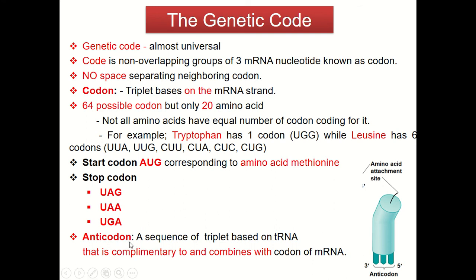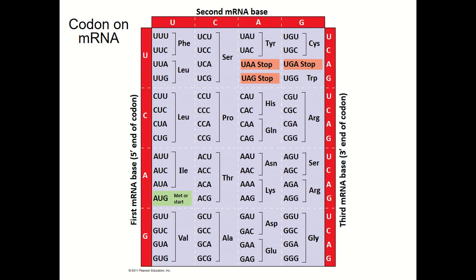So the anticodon is a sequence of triplet bases on transfer RNA, tRNA, that is complementary to the codon, and later they will combine with the codon on the mRNA during the translation process.